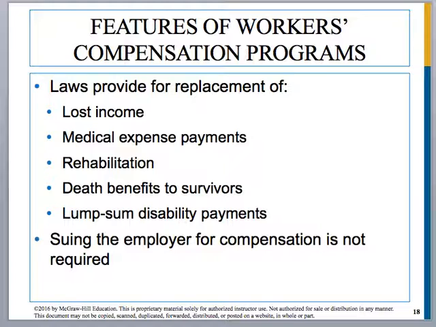There are various features of these programs: the laws provide for replacement of any income that you lose, medical expense payments, rehab, any death benefits that are paid to survivors, lump sum disability payments, and suing your employer for compensation is not required. You read that right. You don't have to sue your employer for compensation.